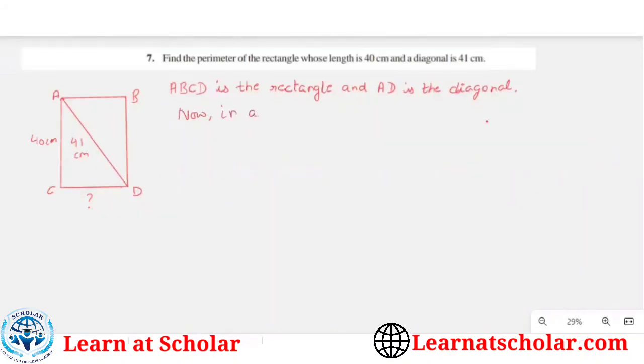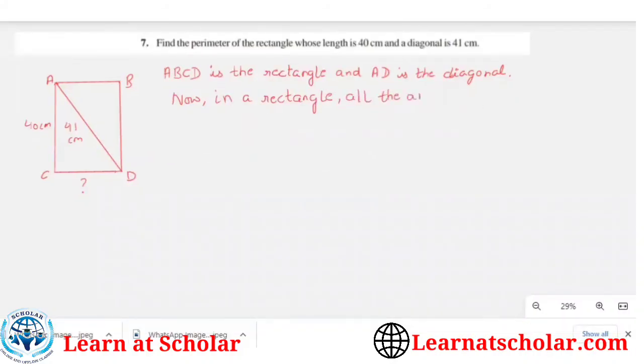Now there are two triangles and we know that every angle of the rectangle is of 90 degree. In triangle ACD, AD square is equal to AC square plus CD square.